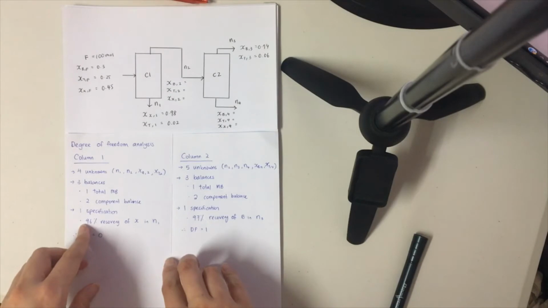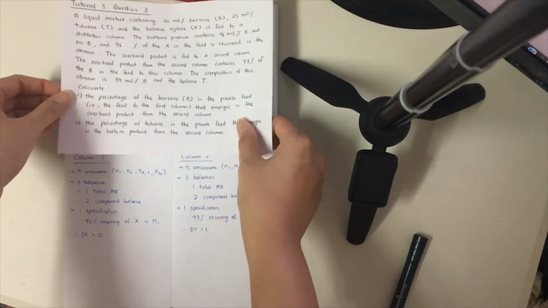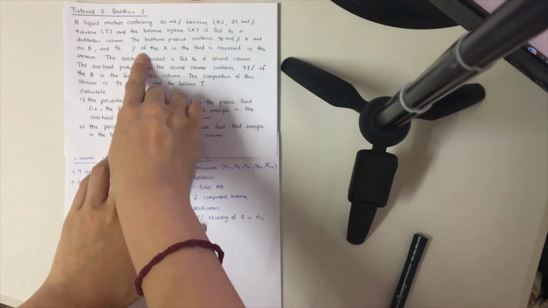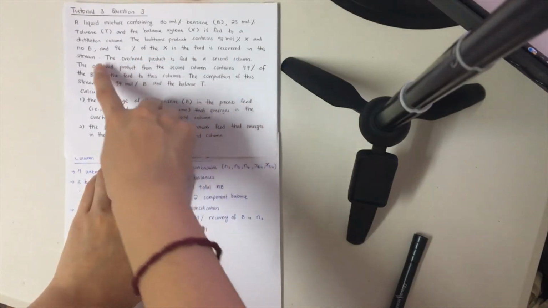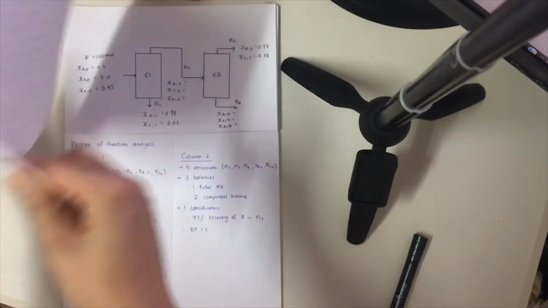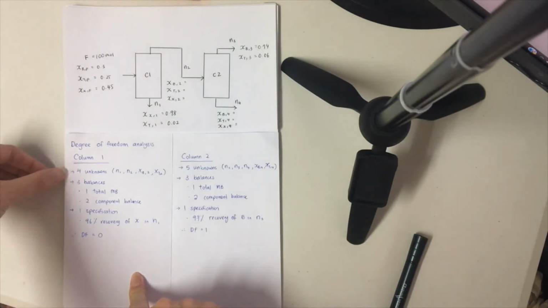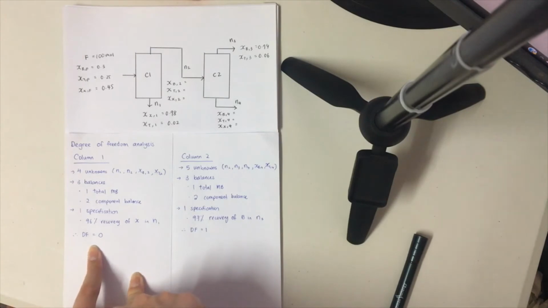Then we also have 1 specification from the question: 96% of the X in the feed is recovered in this stream, and this stream means the bottom stream. So 4 minus 3 minus 1, our degree of freedom is 0.